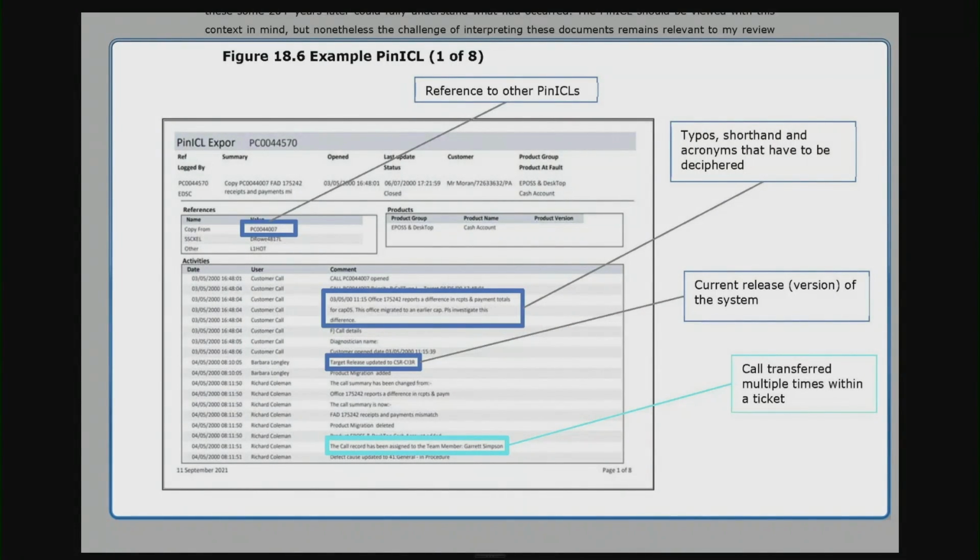Yes. And then to the right, a products table. What was the purpose of the products table? So this is actually repeating the information that we went through also. The product group, EPOS and desktop, and the product name, cash account, which was shown in the header. And then the activities log, which takes up the rest of this page. And in fact, I think if we looked at this one, we'd find it went on for pages and pages and pages.